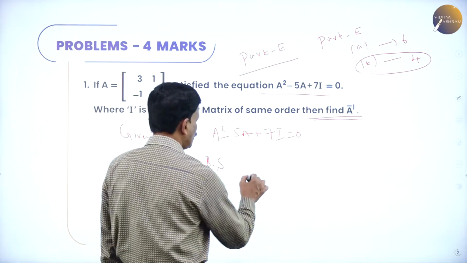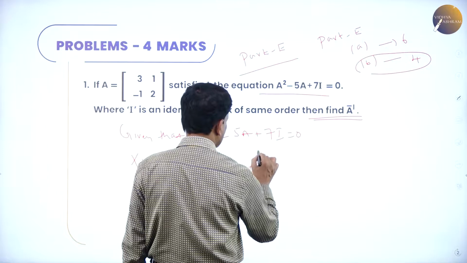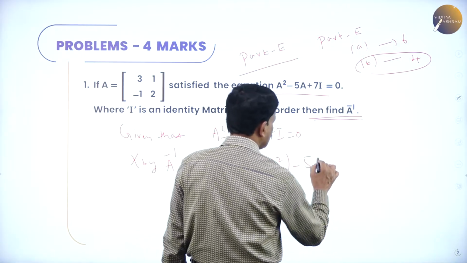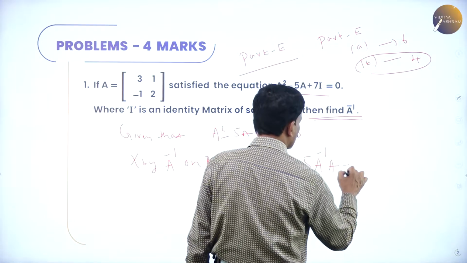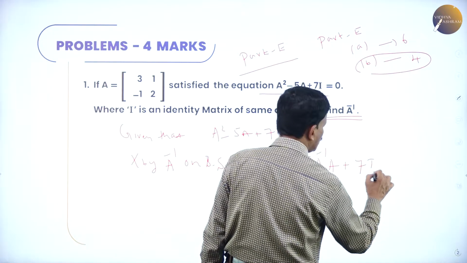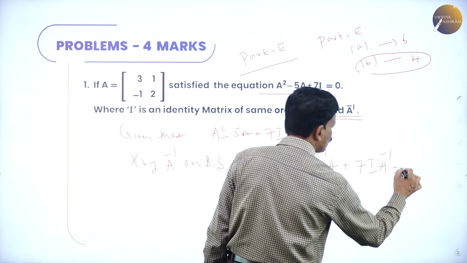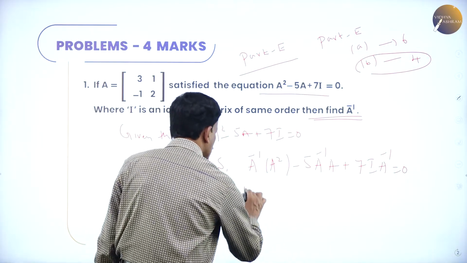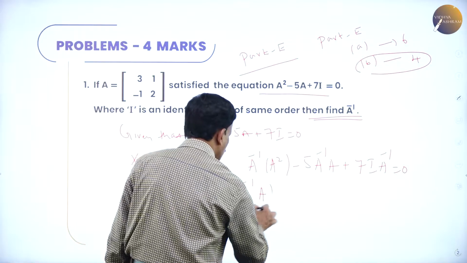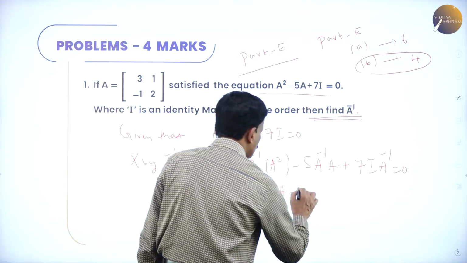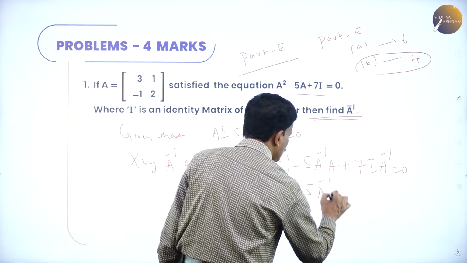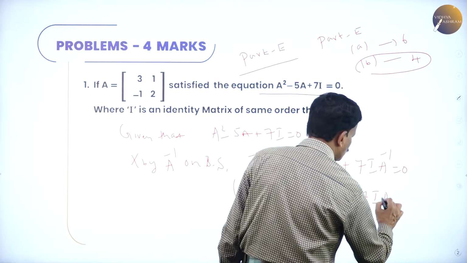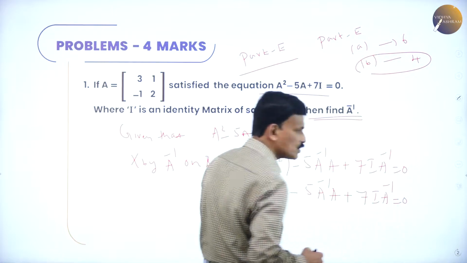If you multiply by A inverse on both sides, we will get A inverse into A square minus 5 A inverse into A plus 7 I into A inverse is equal to 0. Now this can also be written as, splitting this, A inverse into A into A minus 5 A inverse into A plus 7 I into A inverse is equal to 0.